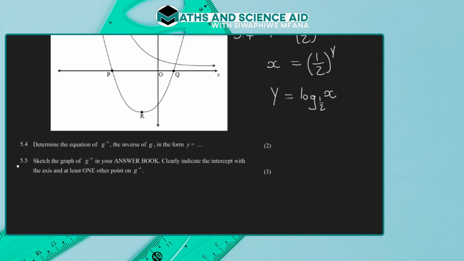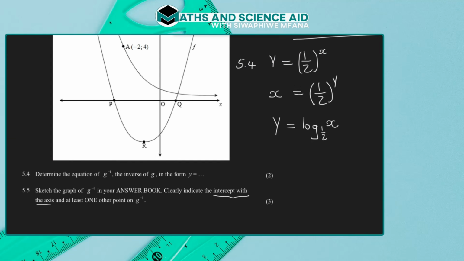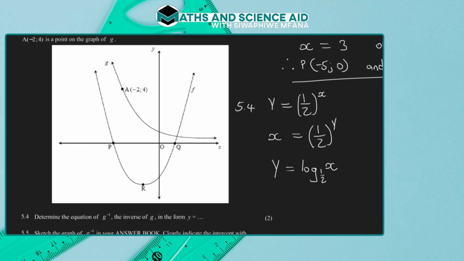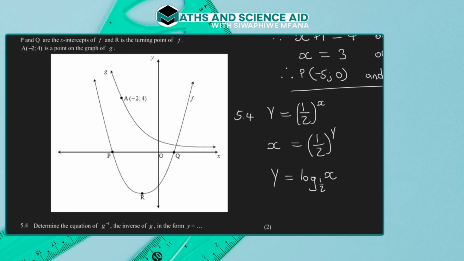And now 5.5 is asking us to sketch the graph of the inverse of g, and we must clearly indicate the intercept with the axis and at least one other point on the inverse of g. For convenience, I will just demonstrate this on the same set of axes as in the question.